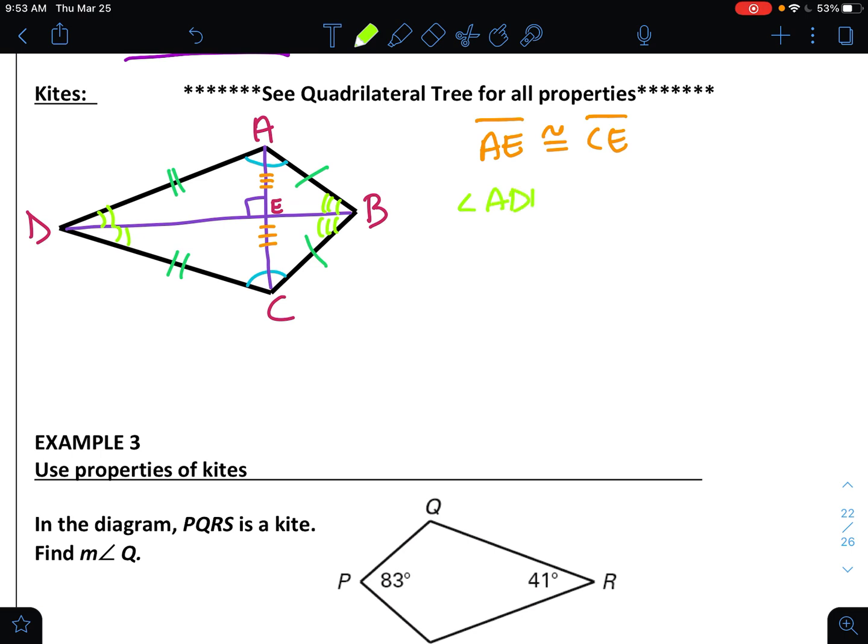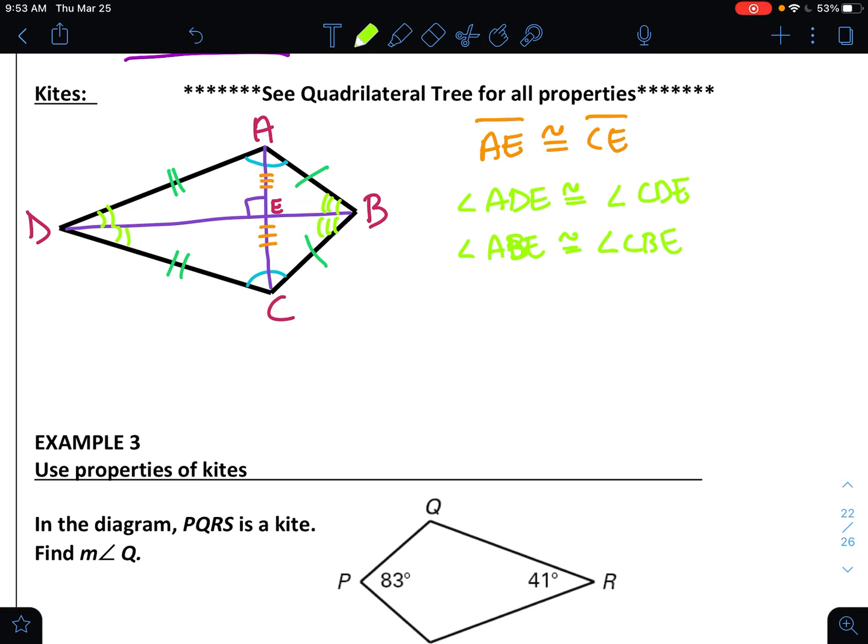Okay, so I've got that angle ADE is congruent to angle CDE. And then I also have angle ABE is congruent to angle CBE. Okay, so that's another property that we can usually bypass on just trying to remember because we can get there with triangles. So you are welcome to use those extra properties as you solve.